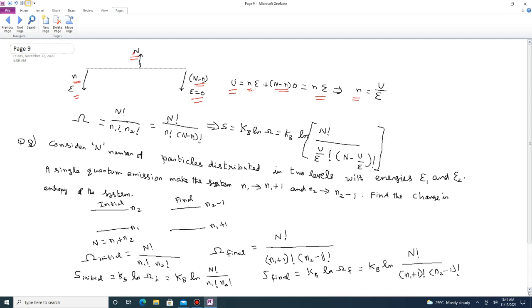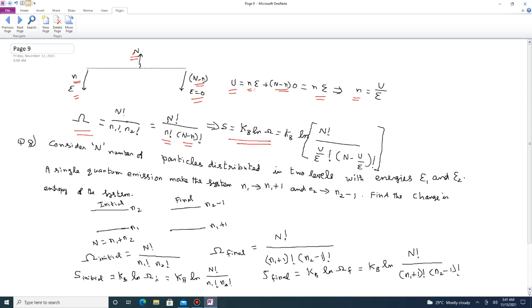Now the number of microstates omega is N factorial by N1 factorial into N2 factorial. N1 is equal to n, so this is n factorial. N2 is equal to N minus n, so capital N minus n factorial. So this is the value of omega. Then the entropy is equal to k_B times logarithm of omega.